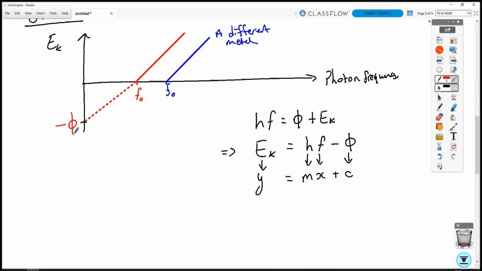Now we can set up a circuit that will let us find something called the stopping potential. And the stopping potential is the voltage required to stop these photoelectrons from being liberated. So let's turn to a new page.